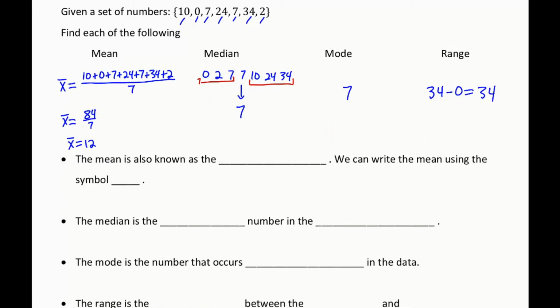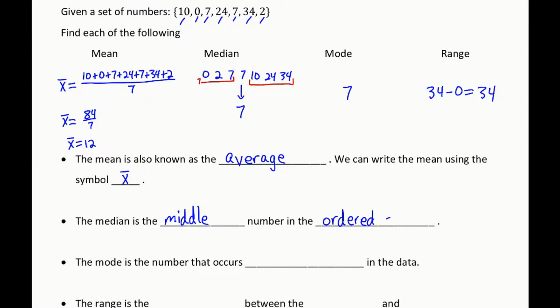Looking at what we've just talked about, the mean is also known as the average. We can write the mean using the symbol X bar. The median is the middle number in the ordered set.